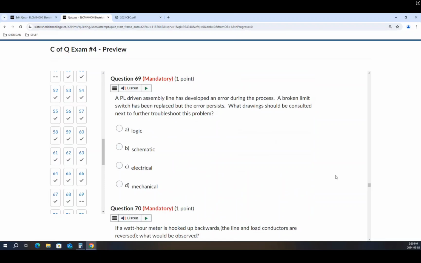69. A PLC-driven assembly line has developed an error during a process. A broken limit switch has been replaced, but the error persists. What drawings should be consulted next to further troubleshoot? I'd be looking at the logic.